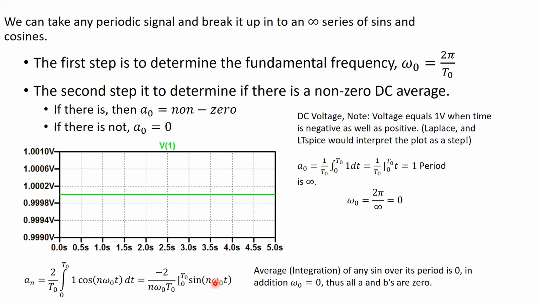So you know intuitively it'll be 0. But not only that, omega naught is 0. So whatever value is in here is going to be 0. And 0 minus 0 is 0.